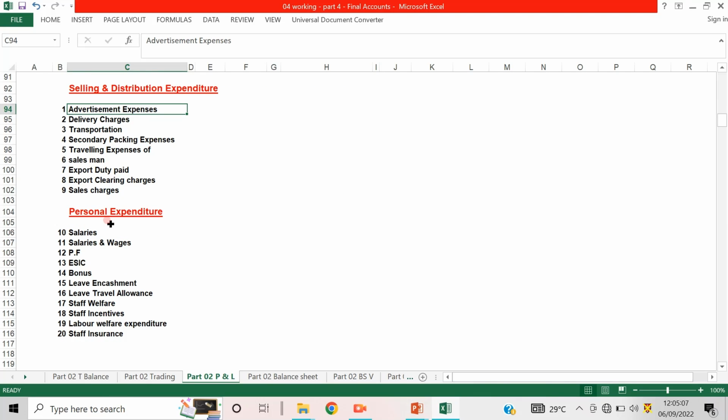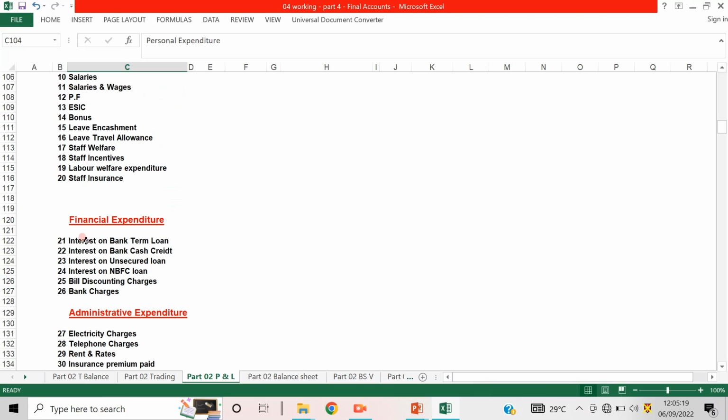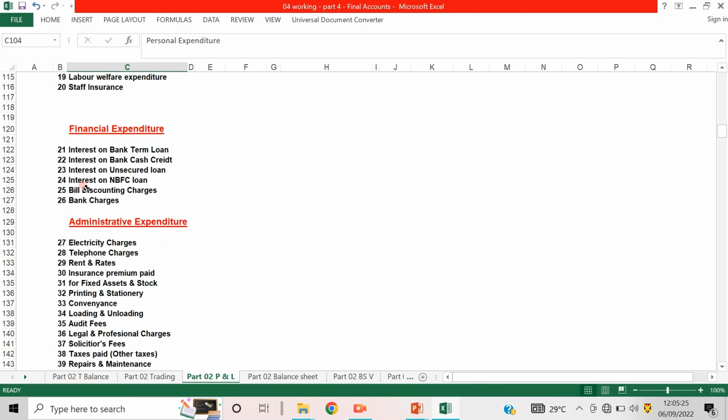Then the selling and distribution expenditure: delivery charges, transportation, secondary packing charges, traveling expenses are grouped under selling and distribution. Then personnel expenditure, salaries, all this related to staff. Then financial expenditure related to any loan, bank loan, any other finances taken for the purpose of business. The interest paid on that is included, and bank charges are also taken in the financial expense.